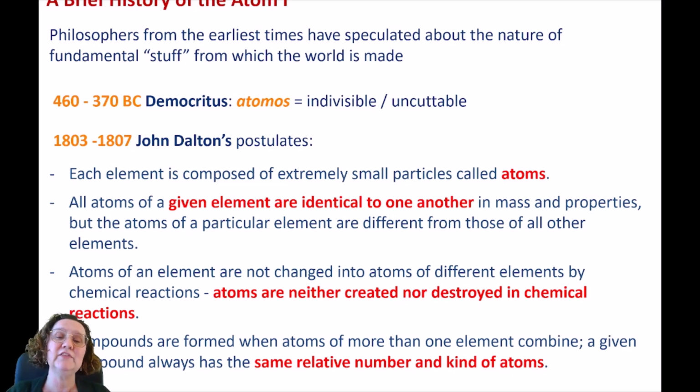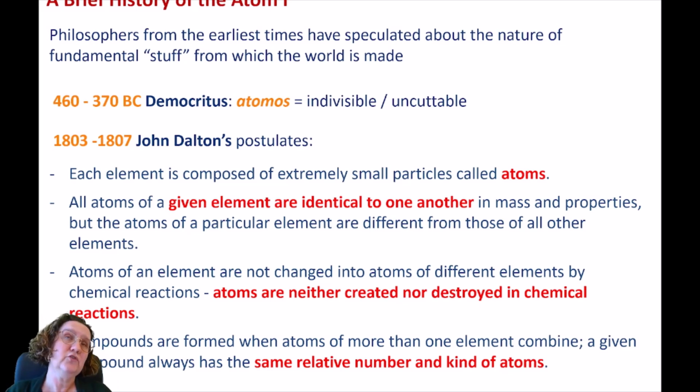So atoms are neither created nor destroyed in a chemical reaction. What we do in chemical reactions is we change the arrangement of those different elements, and how they are in compounds. So compounds form when you have several atoms of the same or more than one element combined, and in a chemical reaction you change how those elements are put together.